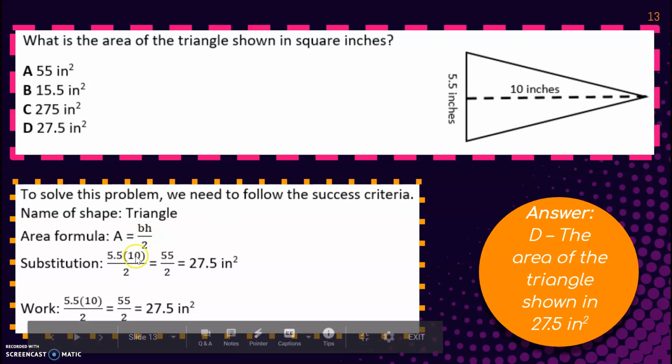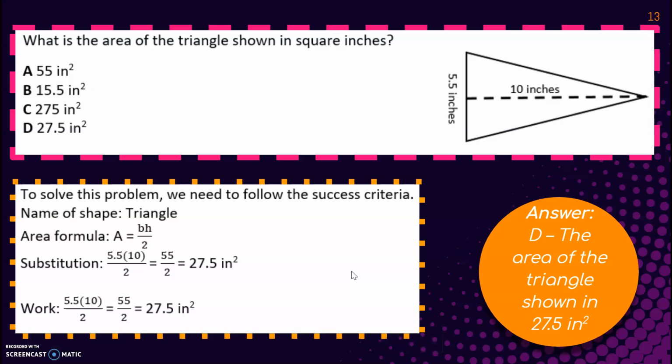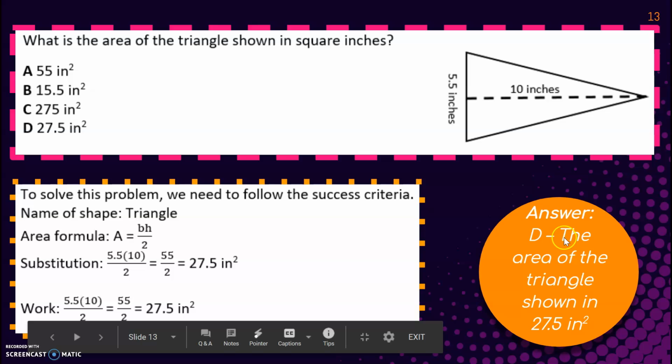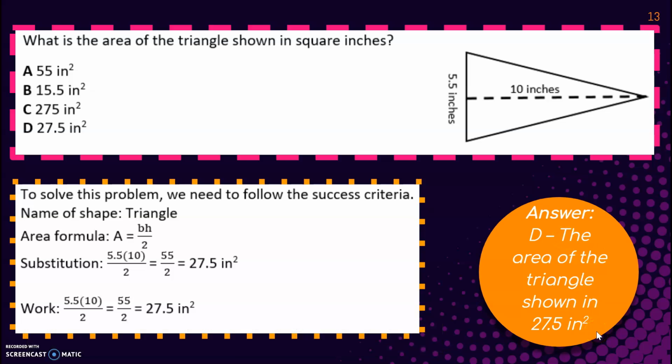So it's 5.5 times 10, which is our height, and then we have to divide it by 2. So 5.5 times 10 gives us 55. 55 divided by 2 would give us 27.5. So we know our answer would be 27.5 inches squared. So it would be D. The area of the triangle shown is 27.5 inches squared.